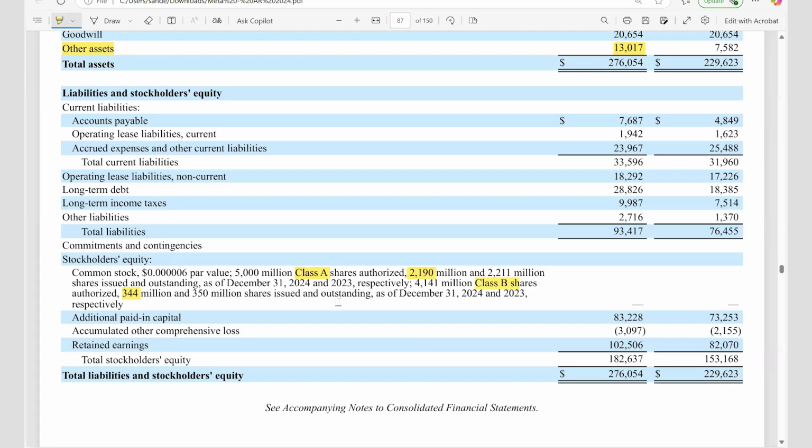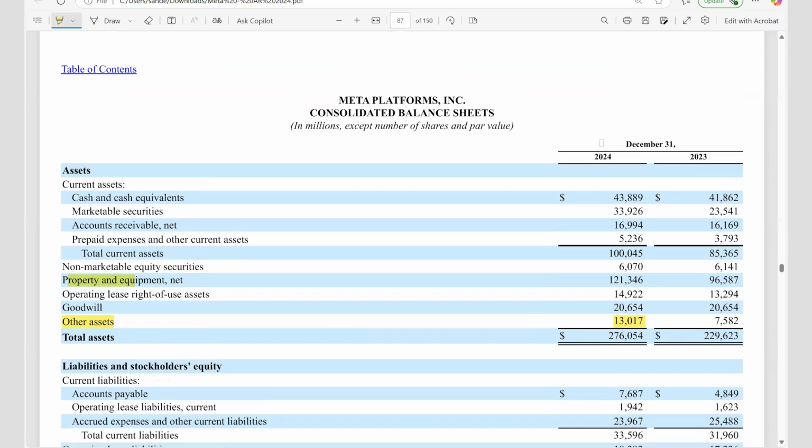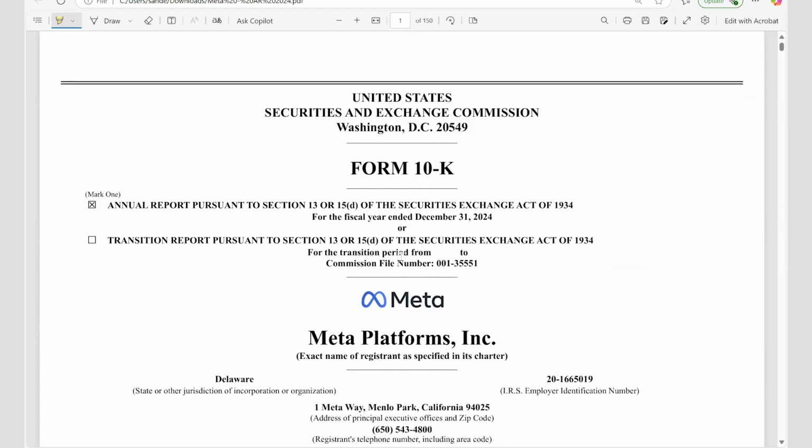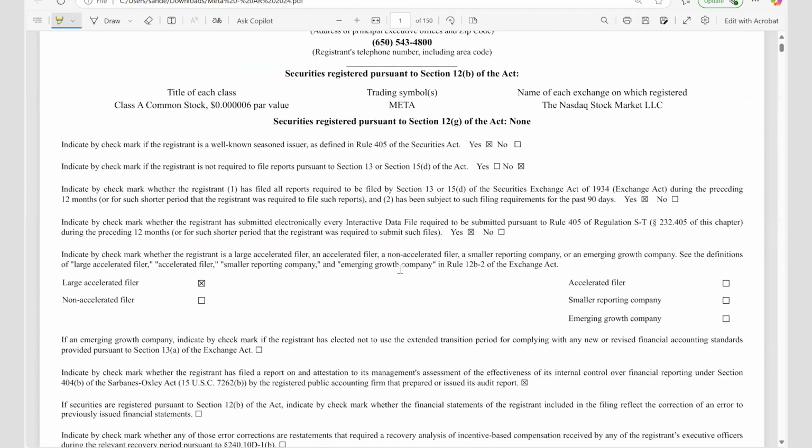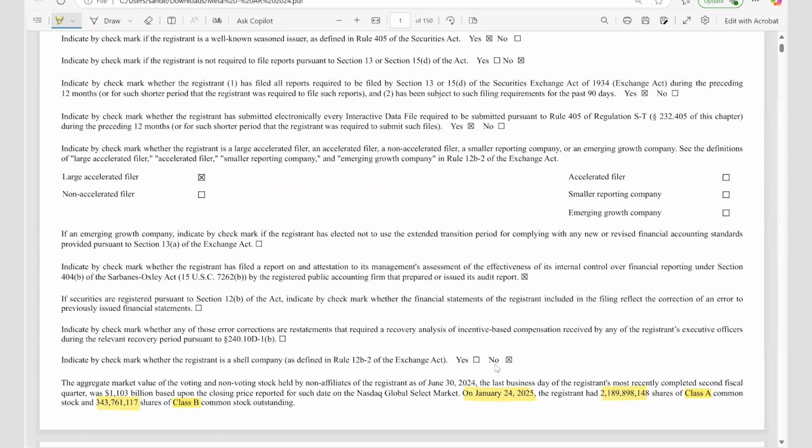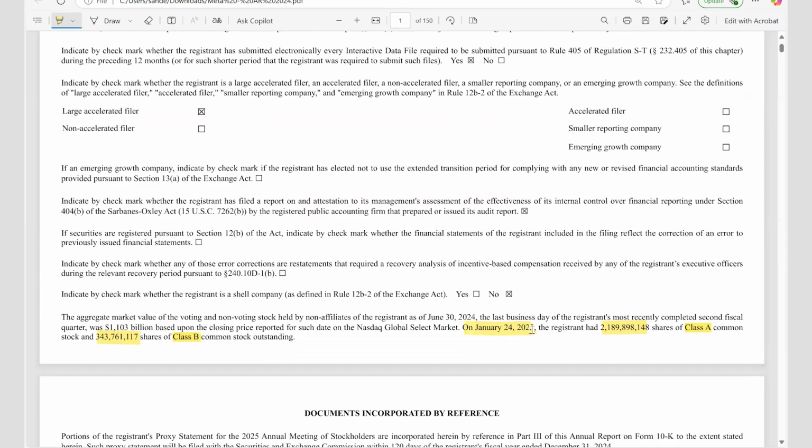But the problem is this data is as of December 24. But we have more recent data on the first page, which is January 25, one month later. Instead of taking the December 24 data, I would prefer taking January 25, which is more recent. The latest, the better, because we are sitting in the month of March. So the latest that we can afford is January data, because February and March data is not disclosed yet. So we can take this.